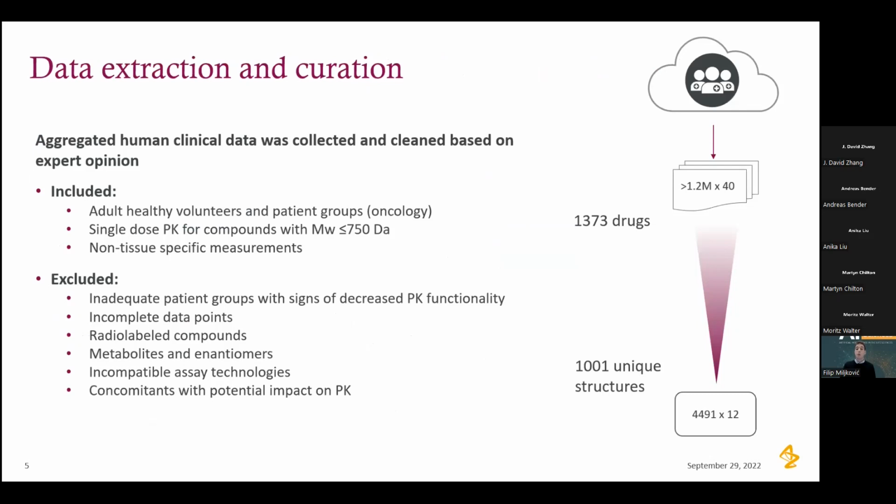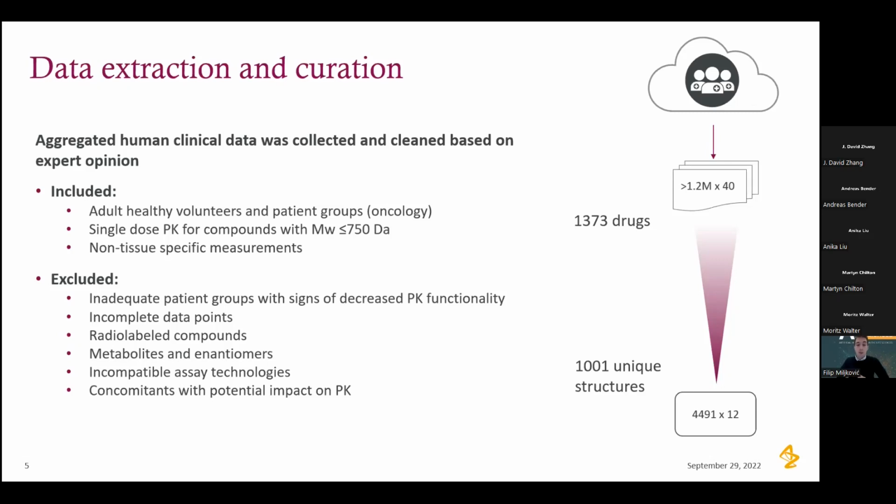And we started with around 1,400 drugs, and we employed a fairly rigid curation protocol to deliver the best data possible for the modeling purposes.